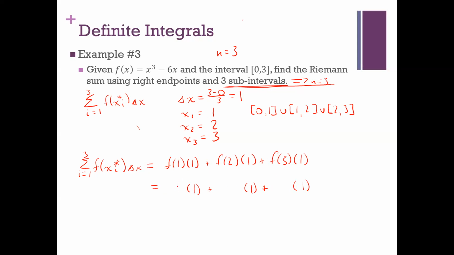Yep. So -5, -4, and then 9. Oh, that's disappointing. So what does the sum end up becoming? 0.